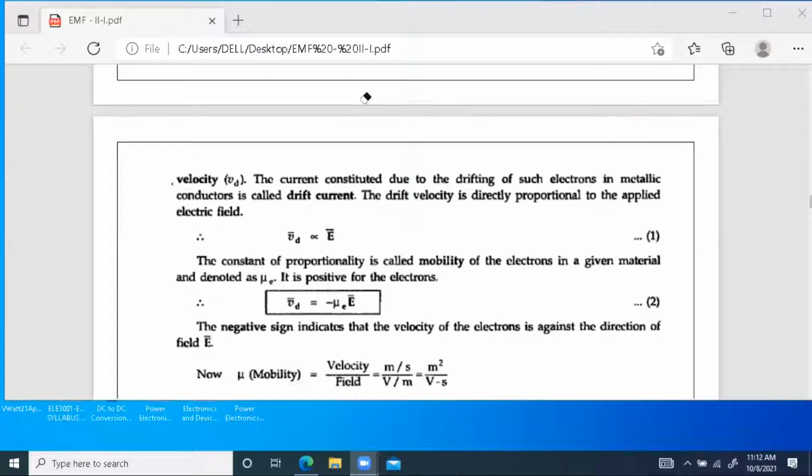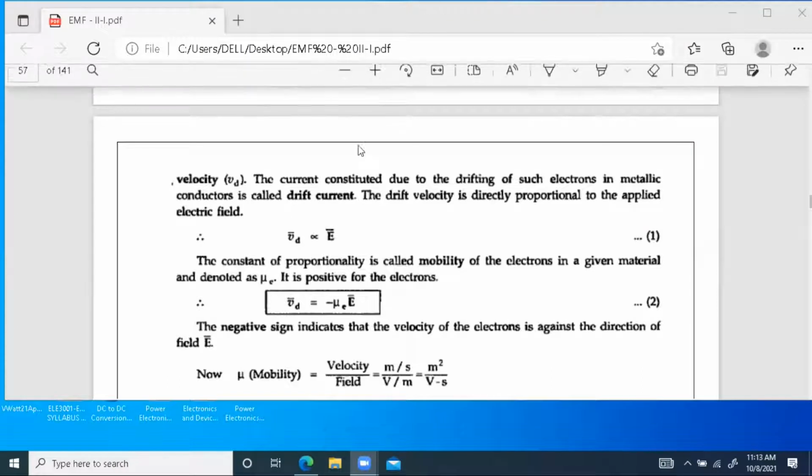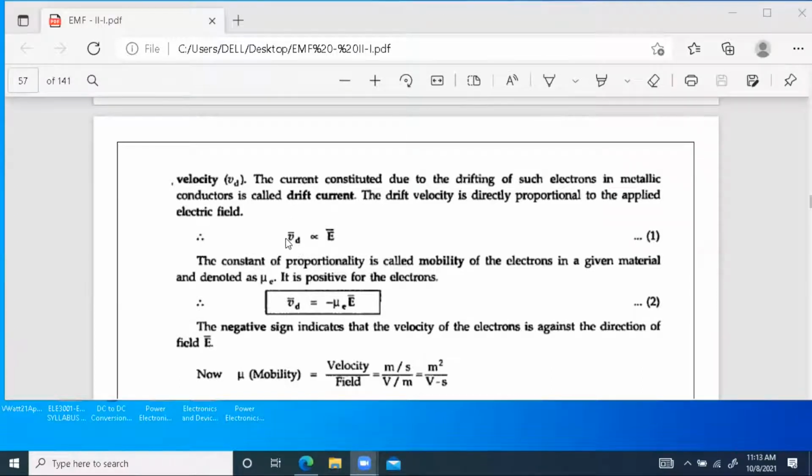So your electric field will be greater, but it's directly proportional to the velocity at which the electrons move. So V_D, the drift velocity, is directly proportional to the electric field.